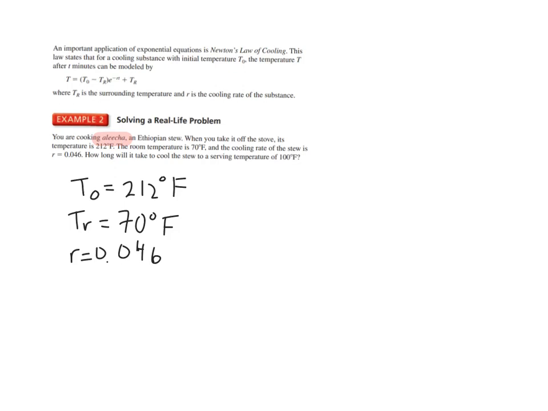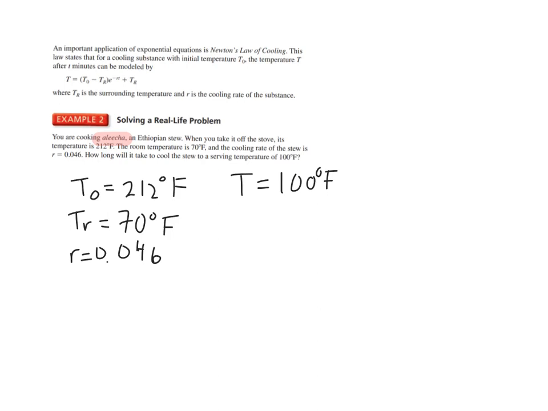How long will it take to cool the stew to a serving temperature of 100 degrees Fahrenheit? So we have it at T equals 100 for when we're trying to give it to people, maybe for them to eat or actually be served with. So we've got to go ahead and solve for our t, right? Because it wants to know the time that it will take.